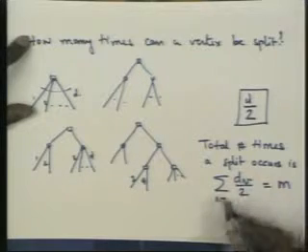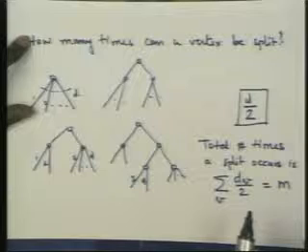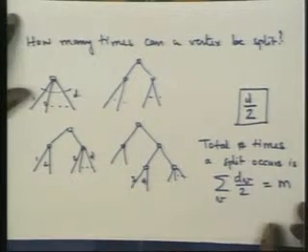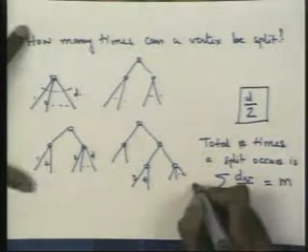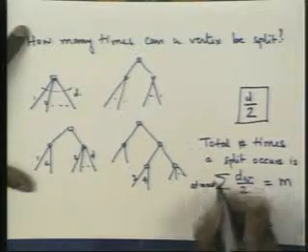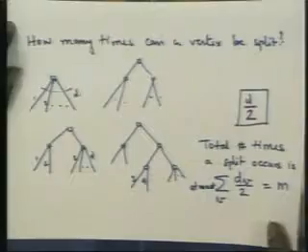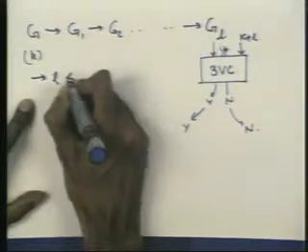So this half comes out, and the sum of the degrees of vertices is twice the number of edges, right? So the total number of times a split occurs is at most m. If the vertex has degree 3, of course it doesn't split. So here let's go back to this. I know that L is at most m.